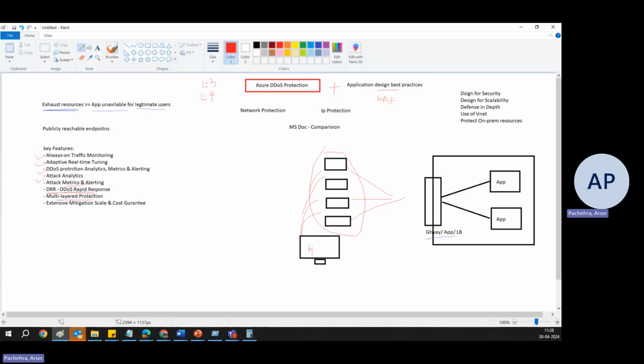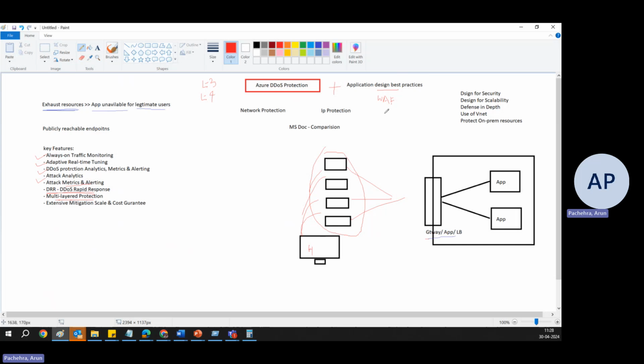Let's suppose there is an enterprise which has their application running, needs a robust protection for its application, which is accessed by clients worldwide. Let's say it's global. The provider uses Azure DDoS protection in conjunction with Azure Application Gateway WAF.